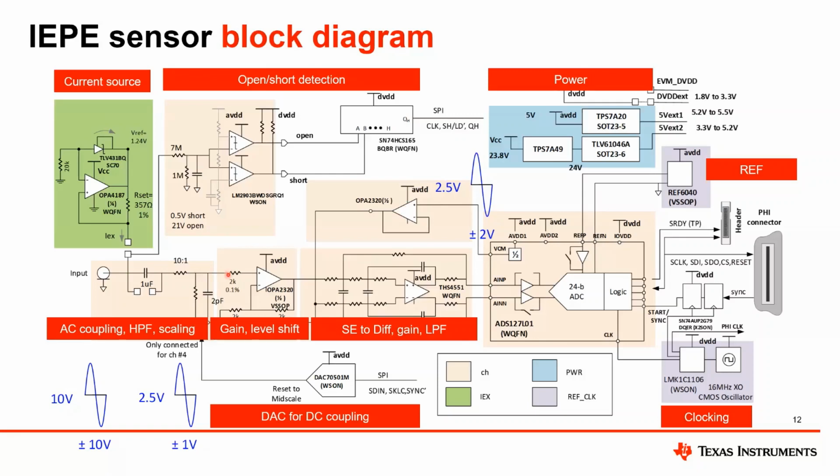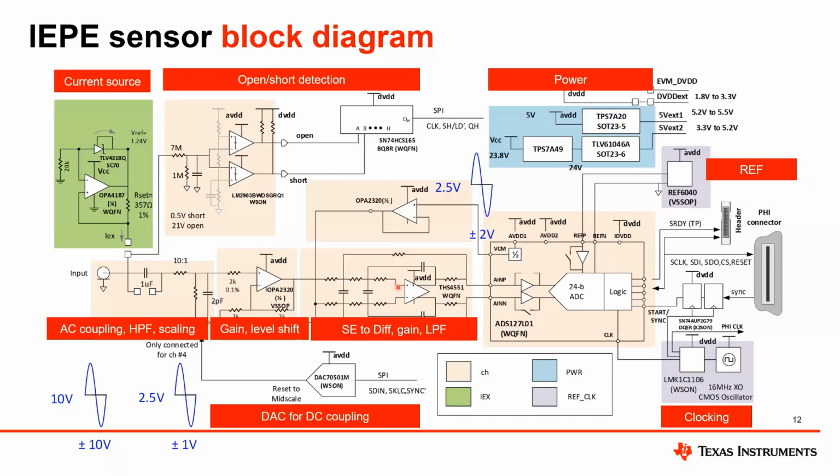The non-inverting gain stage has a gain of 2 and is implemented using a highly linear OPA2320. It's providing high input impedance and driving strength to drive the fully differential amp. The plus minus 2 volt signal is then converted to a differential signal using the wide bandwidth THS4551 differential amplifier.